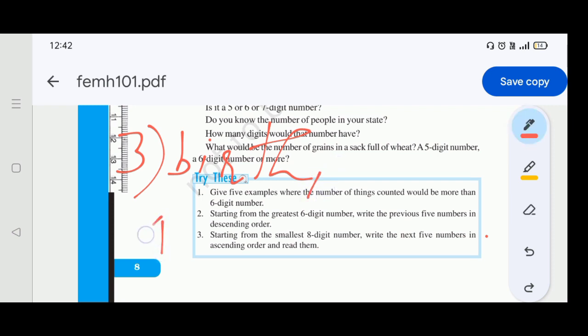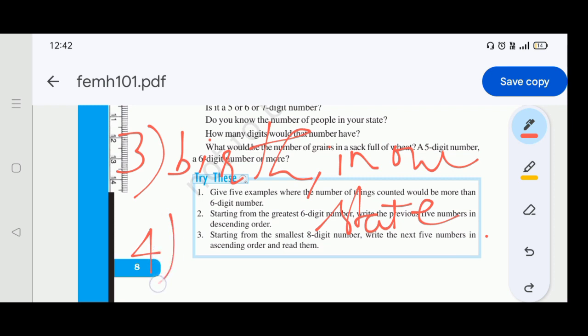And fourth, it could be number of deaths or death rates. In our country, not at least in one particular state. So we can write third as number of births in our state. Fourth, it can be number of births in our country.